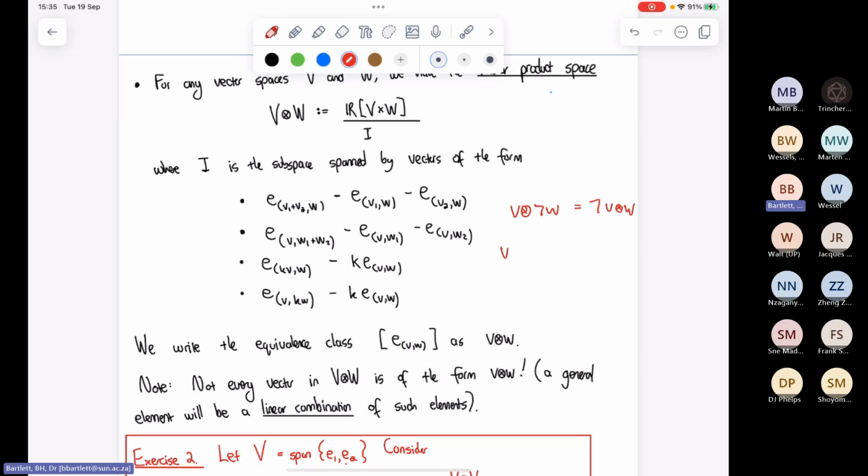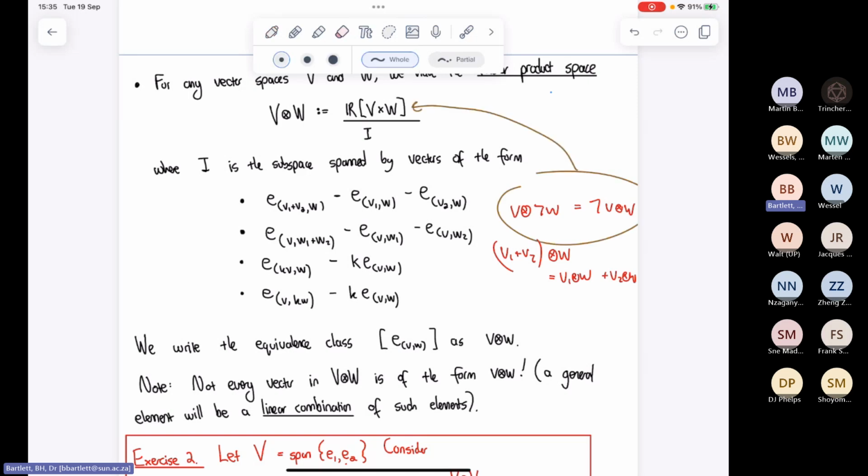I want to say, for example, that (V1 plus V2) tensored with W is equal to V1 tensor W plus V2 tensor W, okay? These statements are not true in here, but they are true in the quotient. Okay, because I precisely made sure that they're true in the quotient by quotienting out.